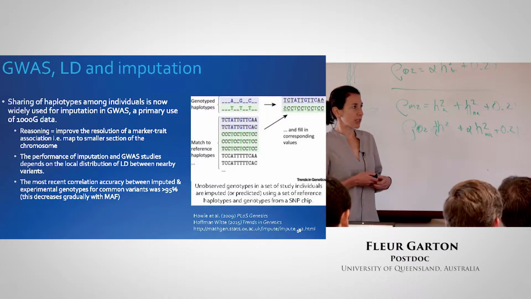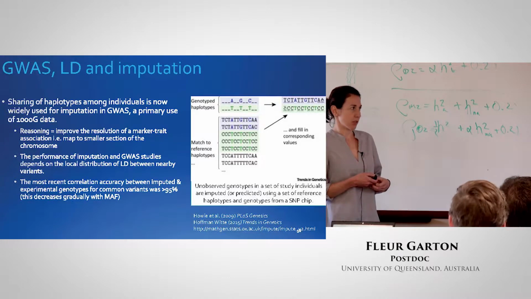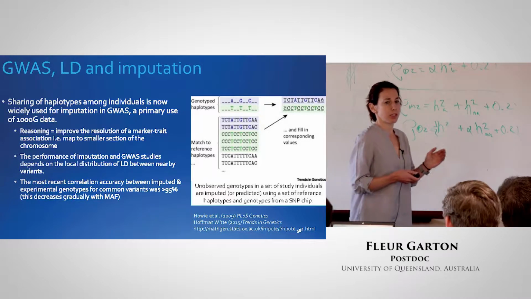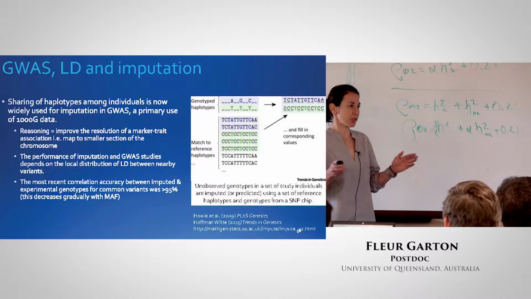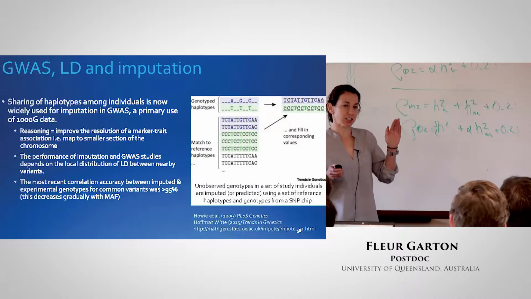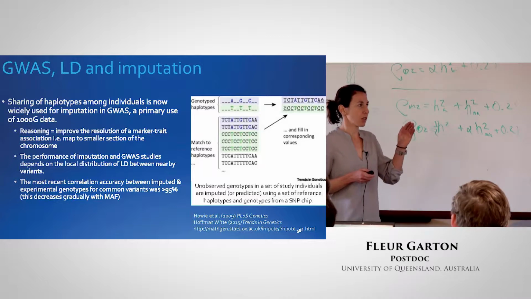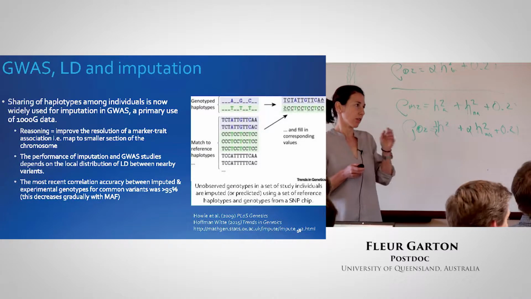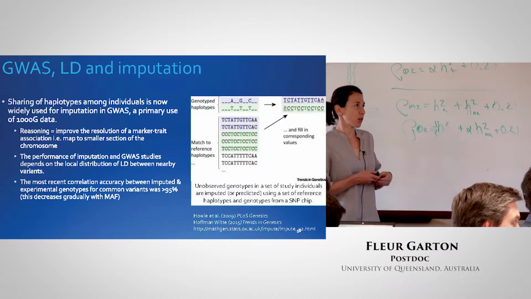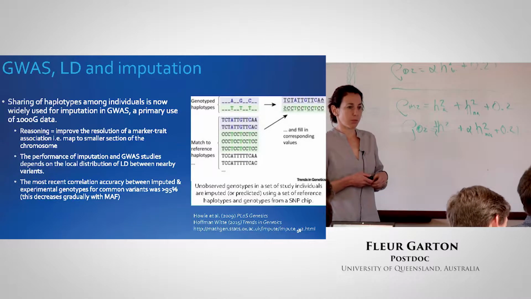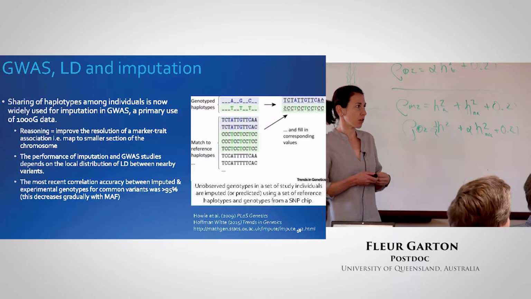So this is an example of what happens on the SNP array. While GWAS is genome wide, you're not actually looking at every single base in the genome. You're looking at interspaced bases. And so you have these gaps in your data.